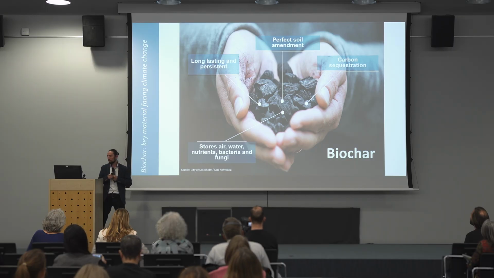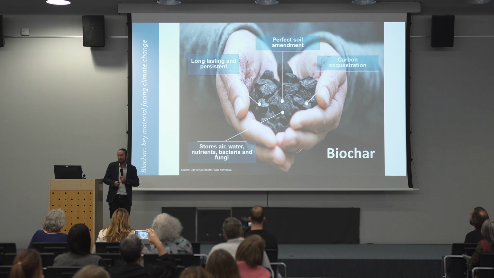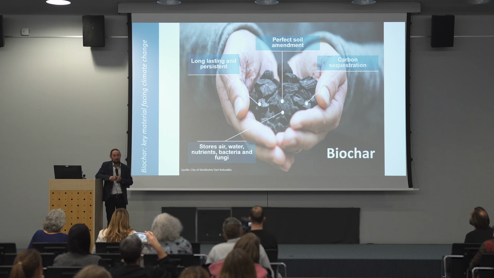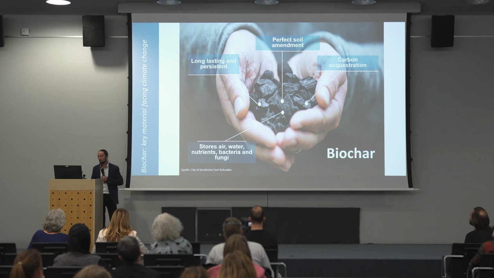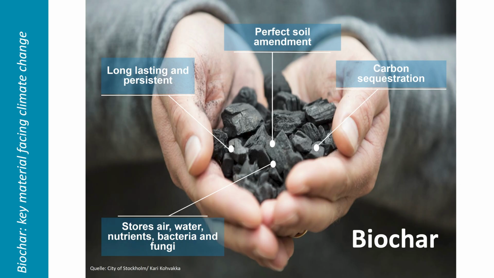So one word now on biochar, because for me it's a really important and interesting topic, and I'm not sure if all of you know it. Biochar is a really interesting material. You have a picture of it here, at 200 micrometer.